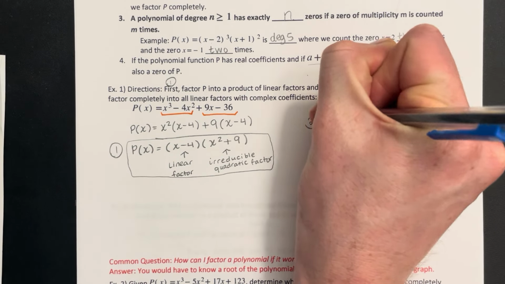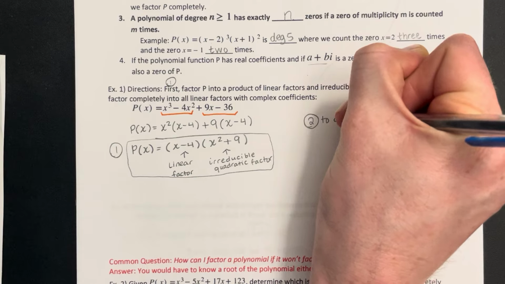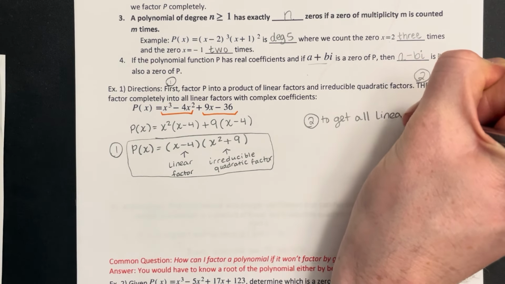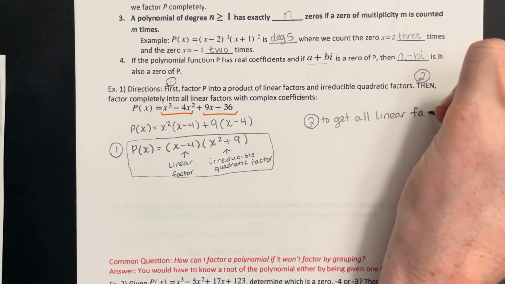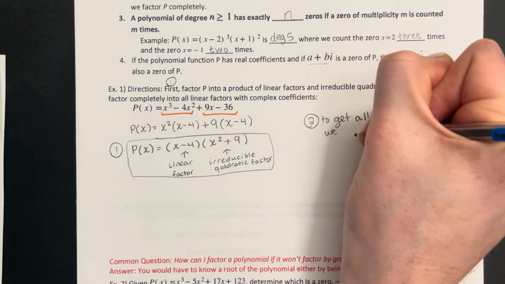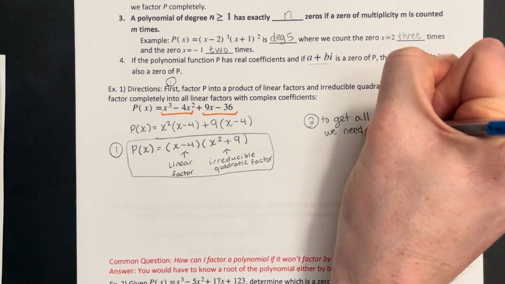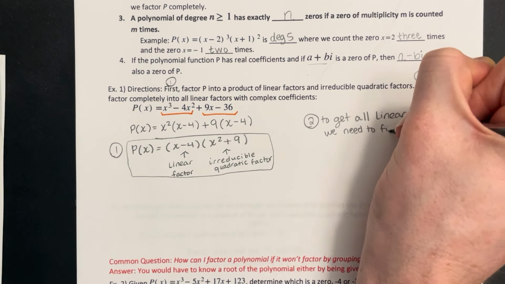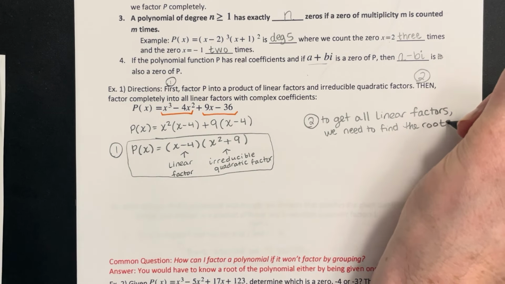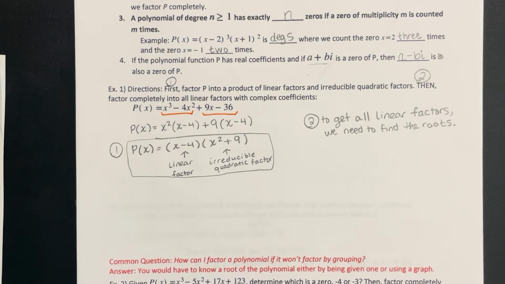So for part 2, to get all linear factors, we need the zeros. So let's find those roots first.